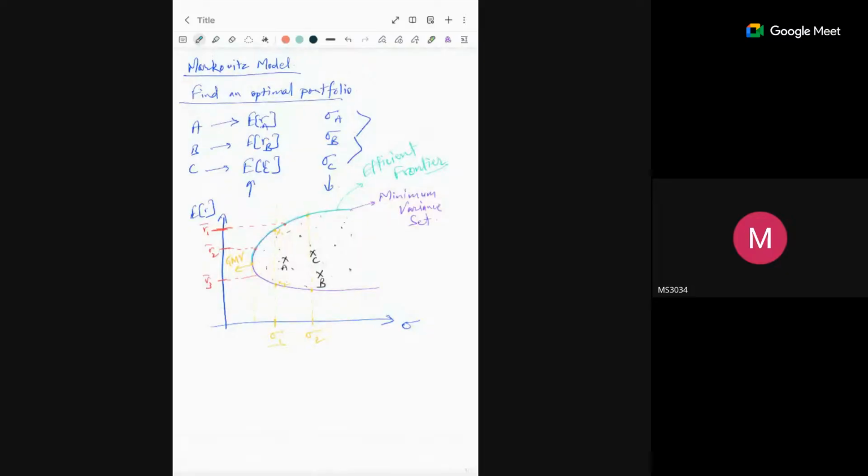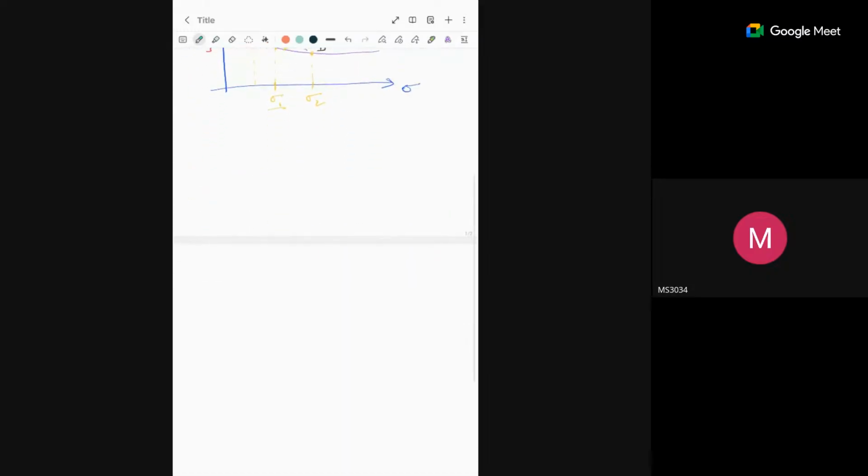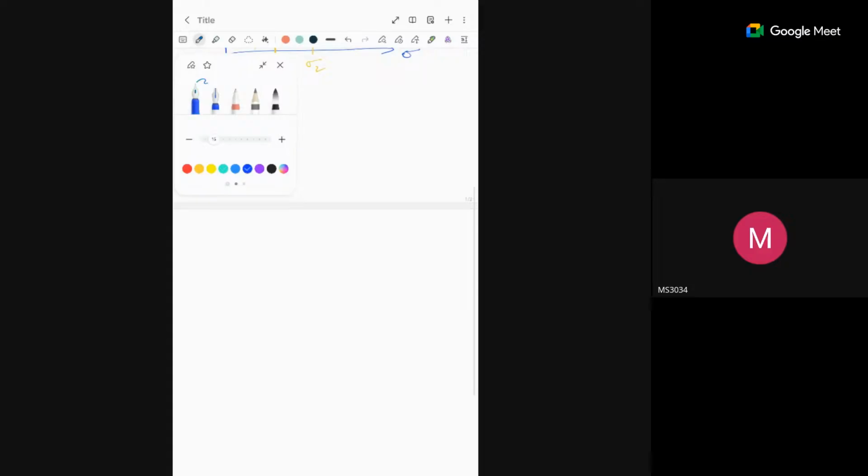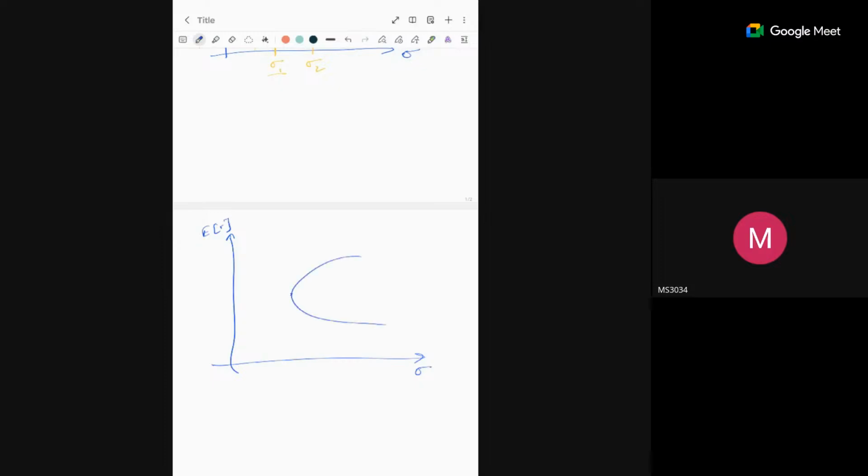Next, what? Once you got your efficient frontier, let me draw another diagram. So far what we have done is we have found our efficient frontier.